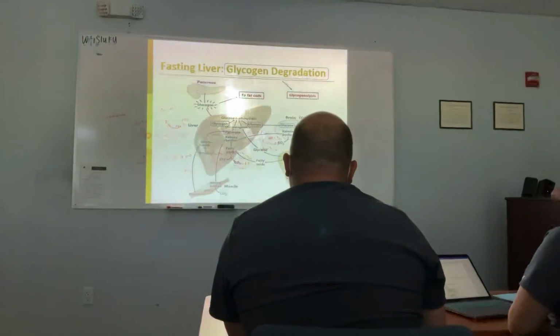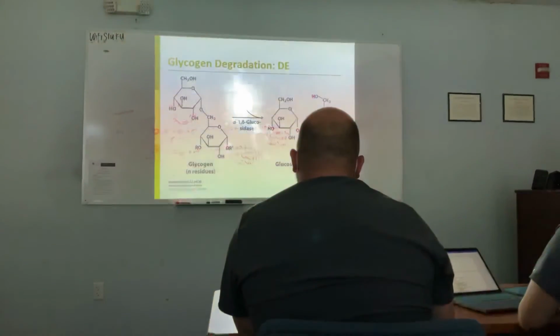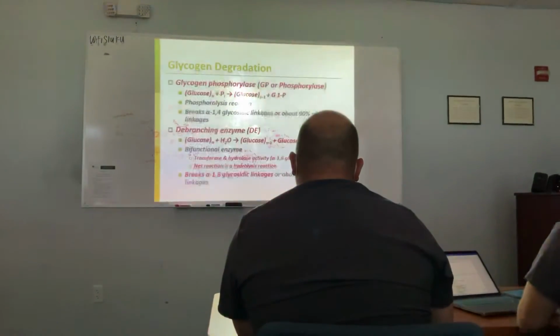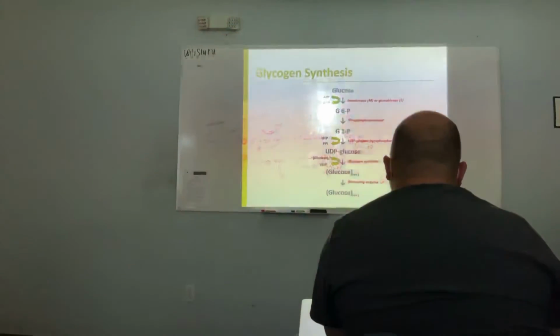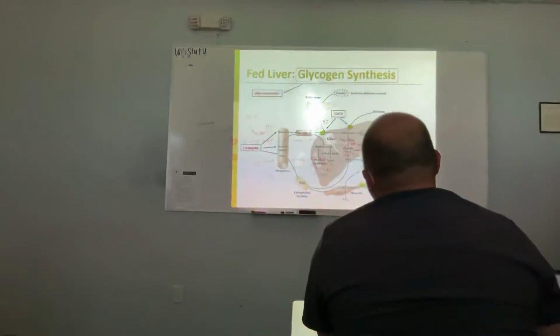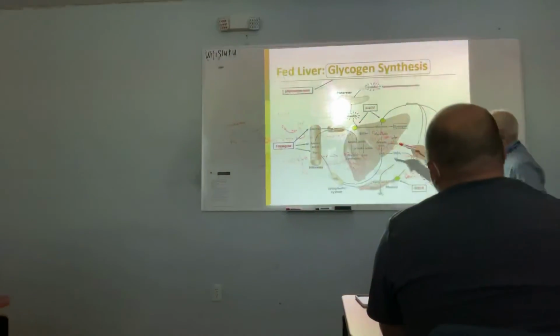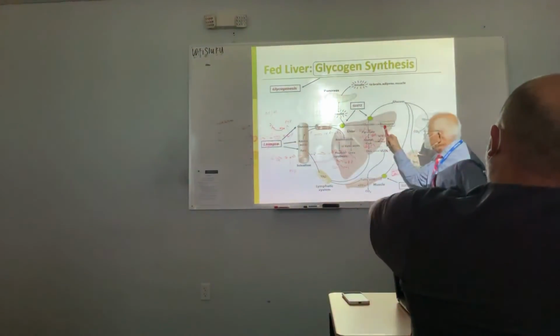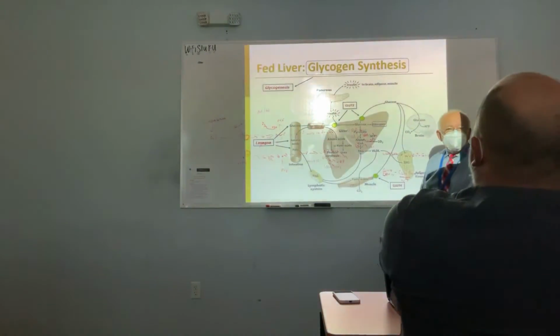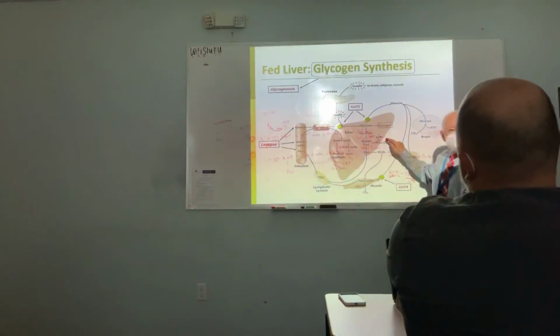I'm going to put in when we have plenty of lasagna. And look at this. What do we do? We feed the liver with lasagna, and here is the lasagna. Look at this. We're making glycogen. We're also making fat.